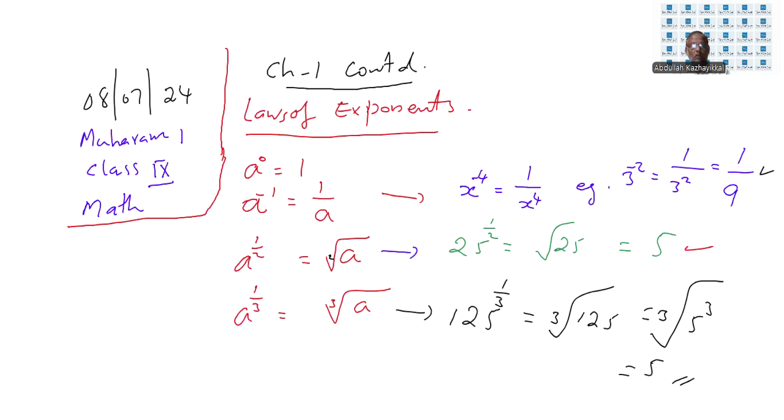Cube root of a is a to the power of 1 by 3. Suppose, for example, 125 to the power of 1 by 3. That is cube root of 125. 125 we know is 5 into 5 into 5, that means 5 cube. Cube root of that means 5.